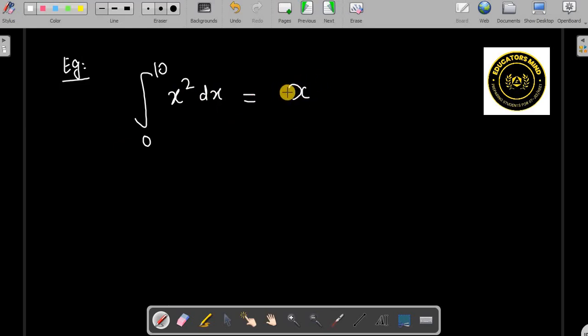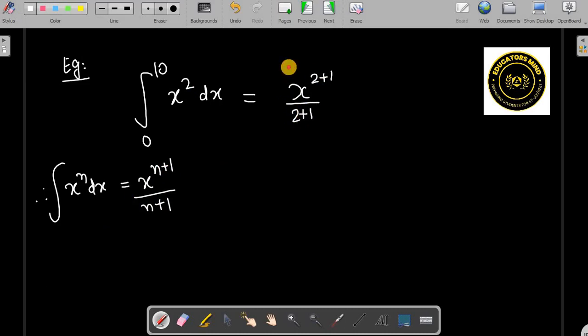This is x to the power n integration. So the integration of x to the power n with respect to x is x to the power n plus 1 by n plus 1. This integration you remember. So this will become x to the power 2 plus 1 by 2 plus 1, and using a square bracket, we will write the limits. Okay.